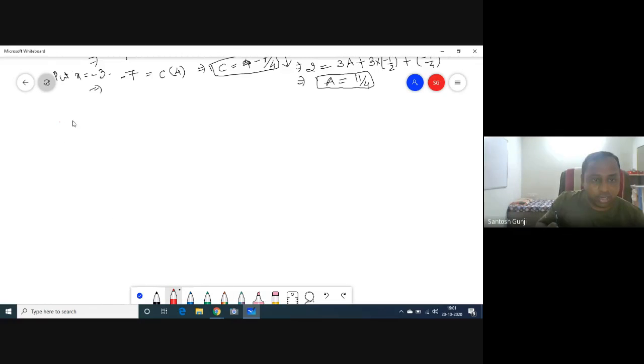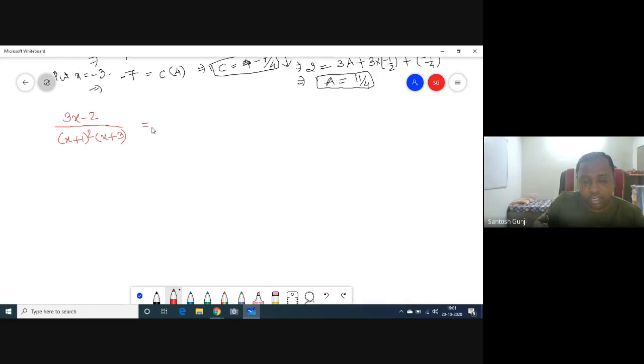So here you can take the question (3x minus 2) upon (x plus 1) the whole square into (x plus 3).